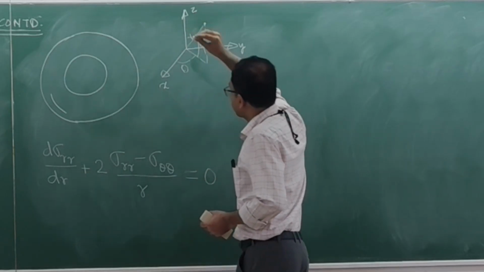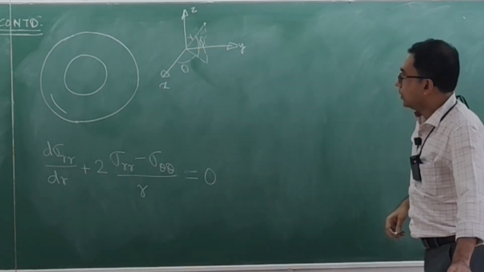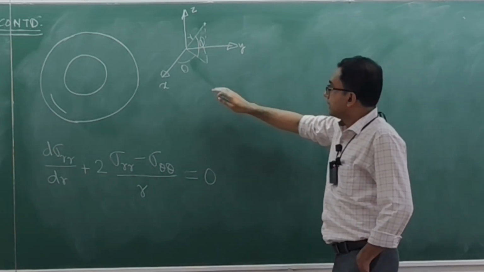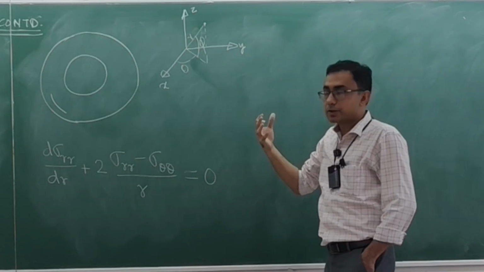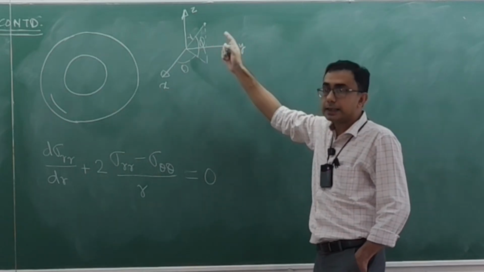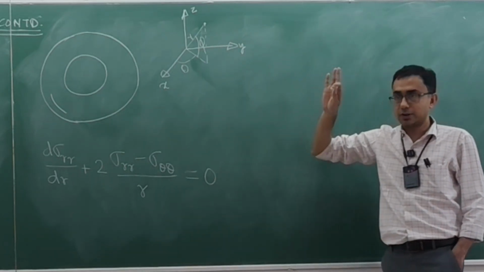This is your R. Okay. Now, if you have perfect spherical symmetry, is there any difference between the theta and the phi? There is not.